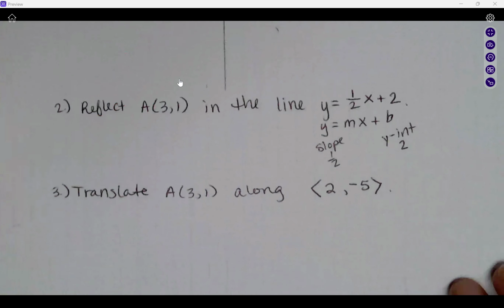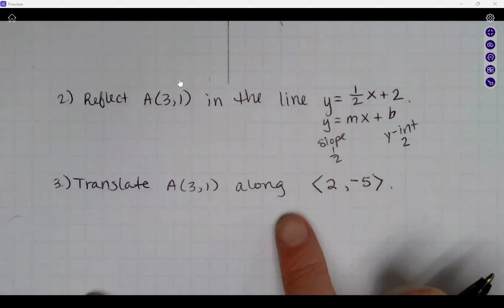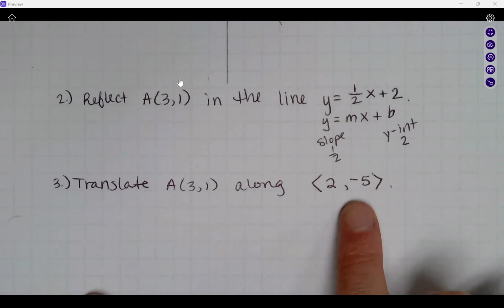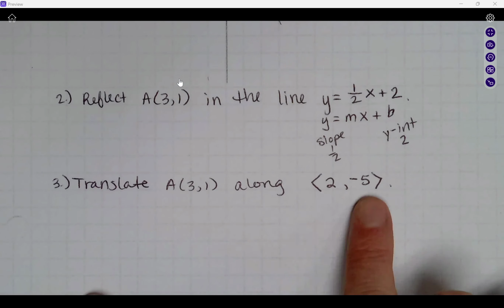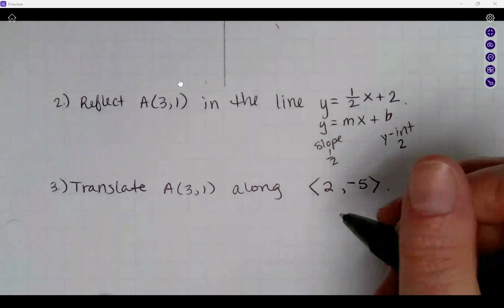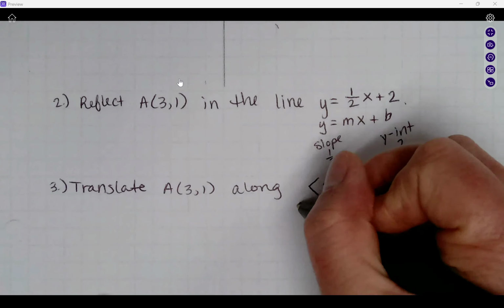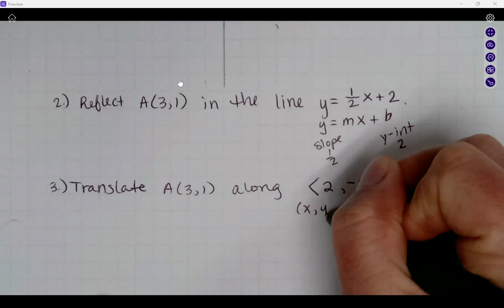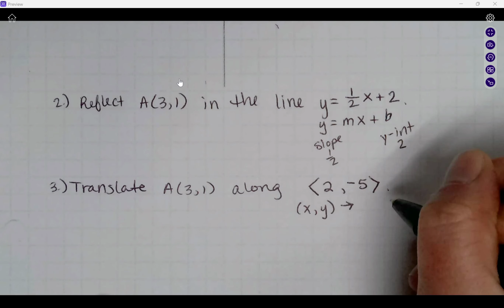Okay, so we are going to translate point A along the vector 2, -5. This is vector notation. Sometimes people or curriculums will write it differently. They'll do something like this, where they show like the rule.